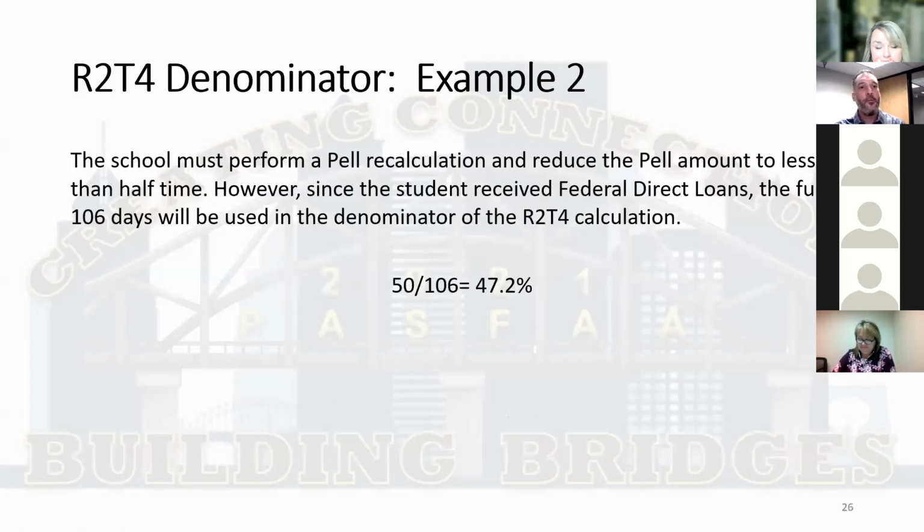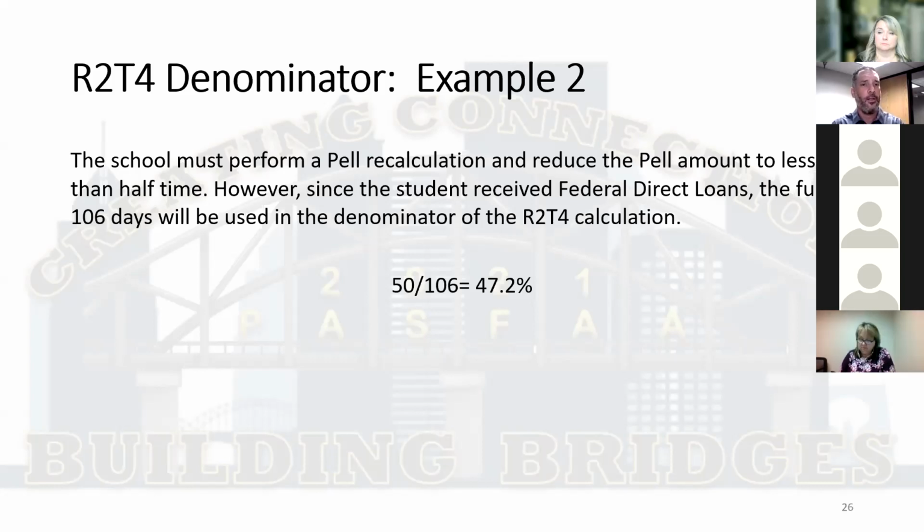Excellent. And we remember very carefully, because why is it 106? Because the student received not just Pell, they received direct loans. And now, because when we determine that direct loan, it's over all the periods, all the mods or J terms or the S terms or the mini mods, however we want to say it. And now Pell, you said earlier, why was it different?